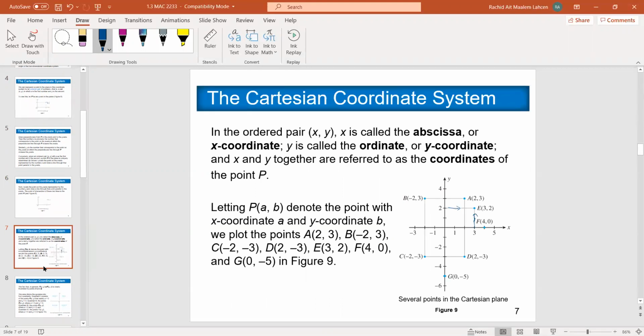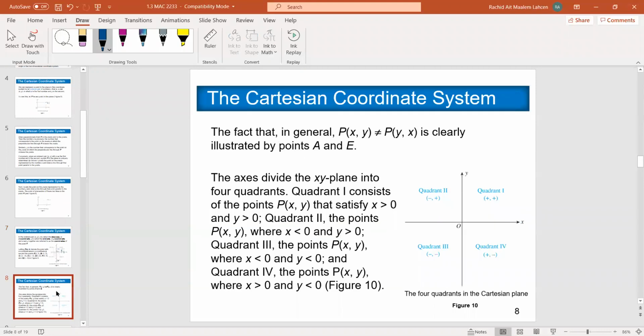Some of the interesting ones you need to know: of course, the origin is (0, 0). Any point on the x-axis will have the y value as 0. Any point on the y-axis will have x as 0. So this is something you need to keep in mind. And the quadrants go counterclockwise.